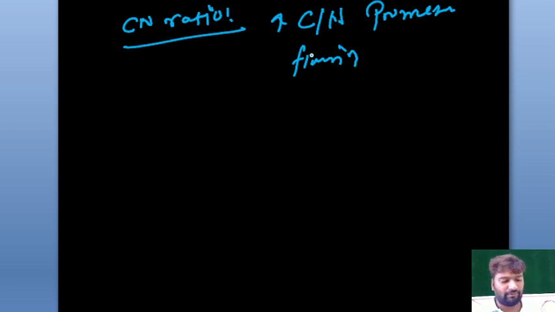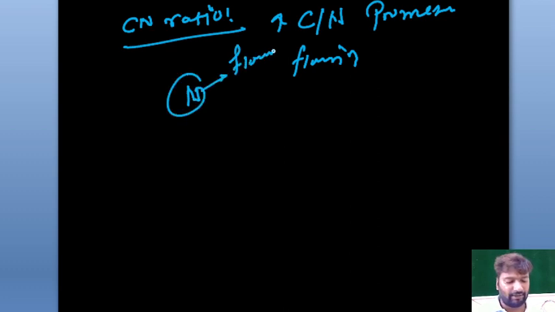Then what are other factors? Like already discussed, the C/N ratio: an increased carbon and nitrogen ratio promotes flowering. Then in some experiments, application of nitrogen also induces flowering.